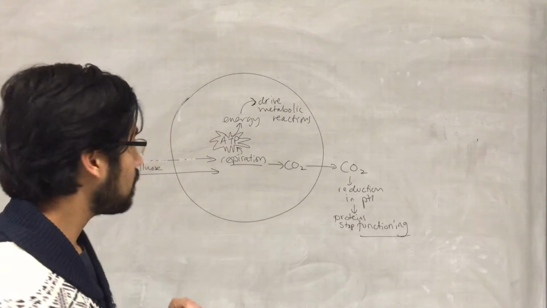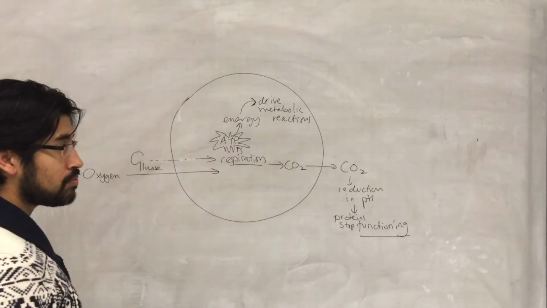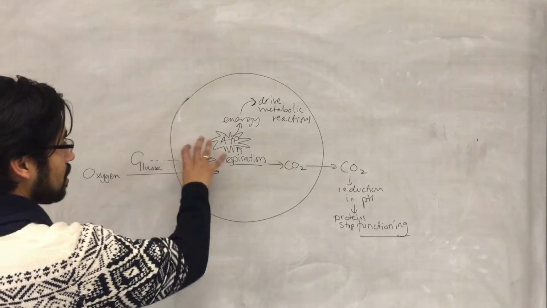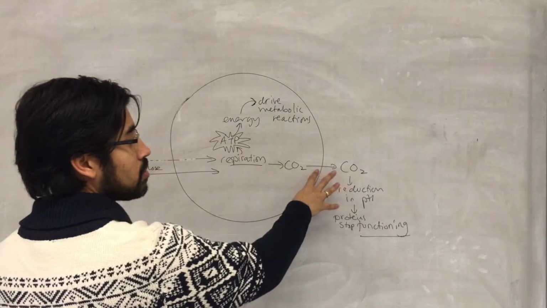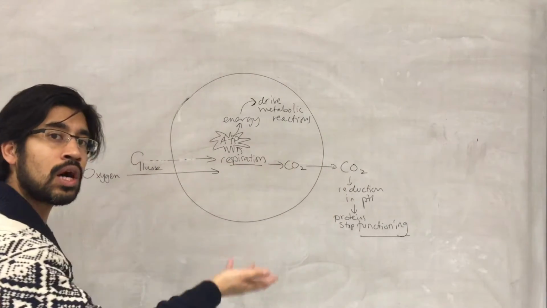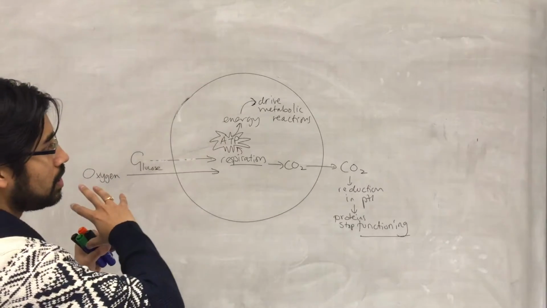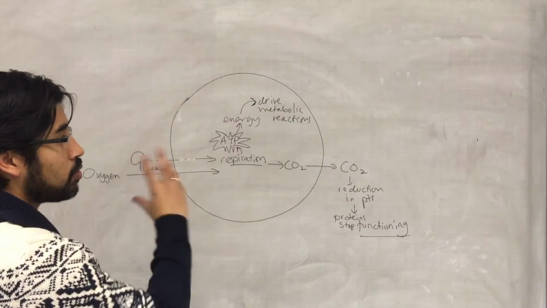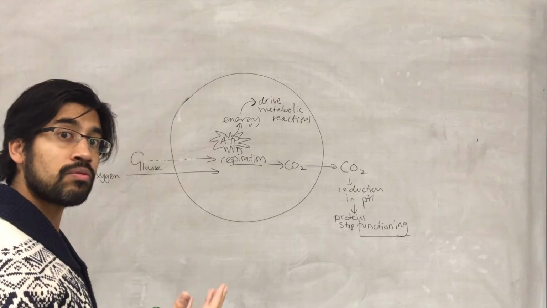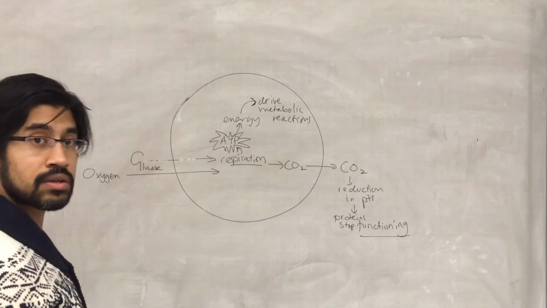Basic point being, in order for this process to continue, as well as effective supply of oxygen and glucose, we need effective removal of waste products, including carbon dioxide. And in order to make this happen effectively, organisms have evolved different systems according to their size.